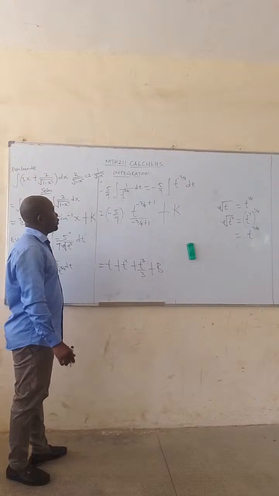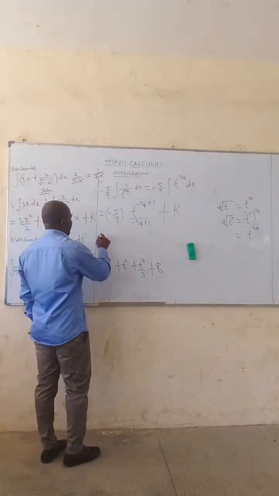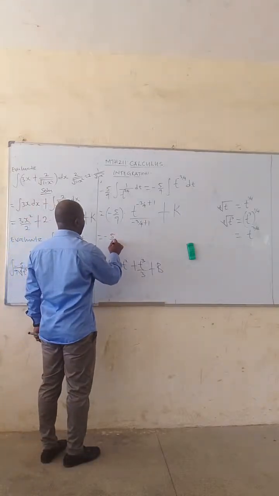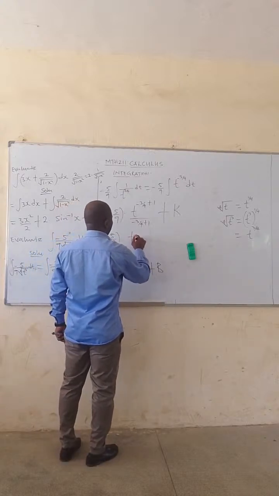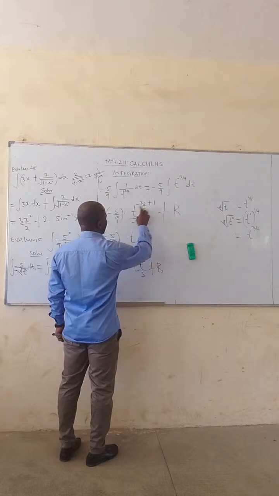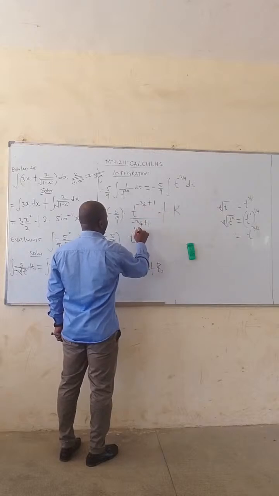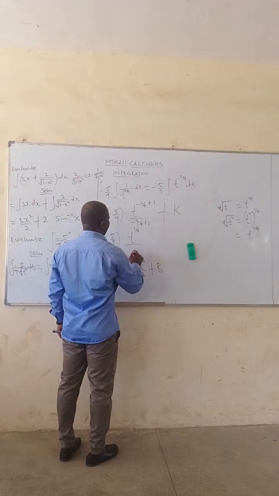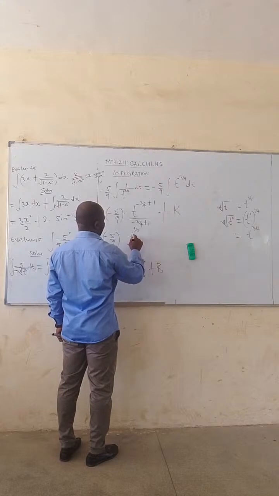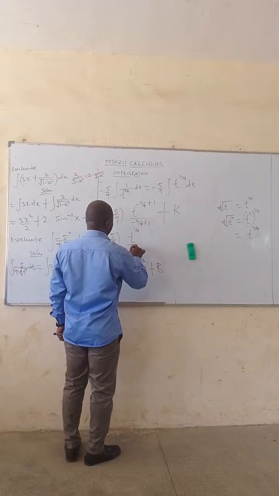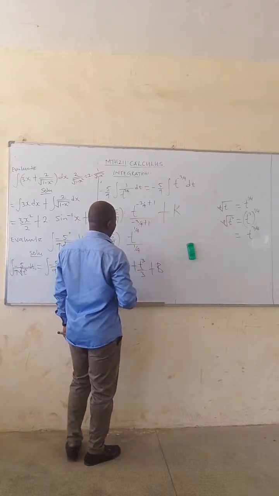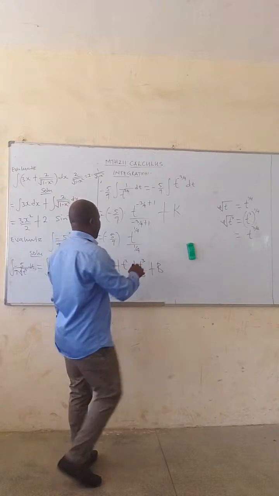So let's look for the LCM. Here is minus 5 all over 9 times t raised to the power of 1 all over 4, all over 1 all over 4, plus k, right?